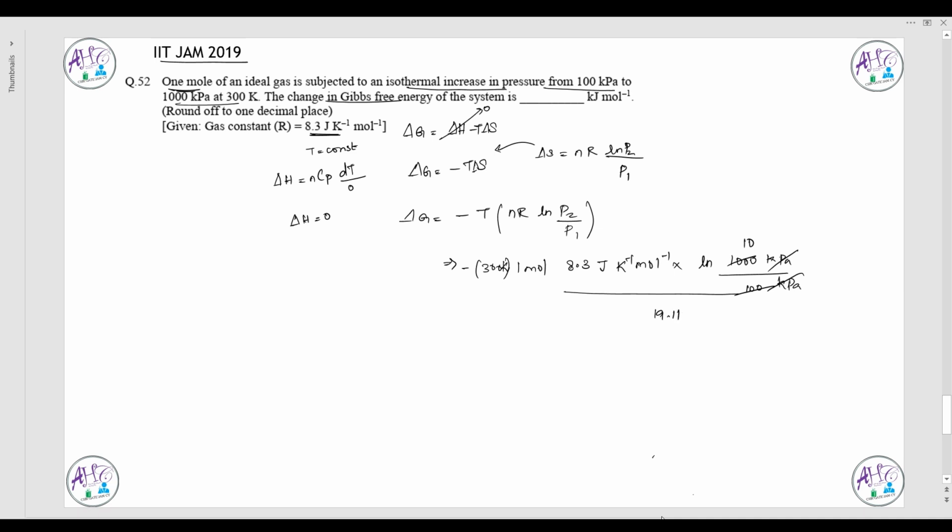If you multiply on the whole, you'll get the del G value around 5.3 kilojoules. 5.3 kilojoule mole inverse will be the correct answer.